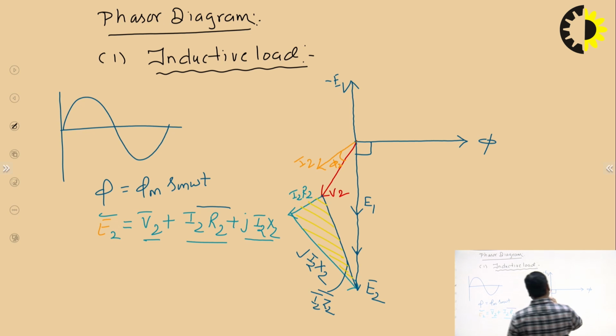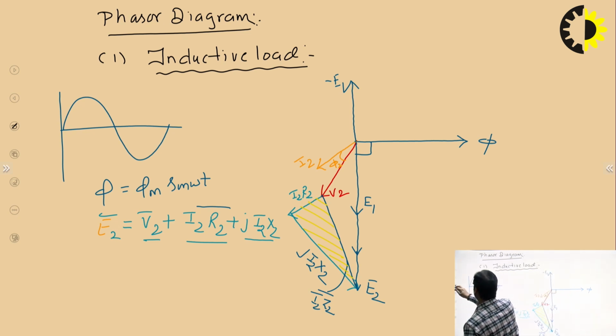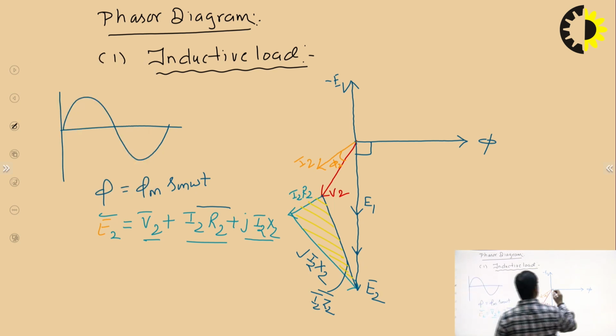So this is the minus E1. Now I2 dash, this is our I2 dash, the opposite current of this. We call it the load component of the primary current, which is in phase opposite to that of the I2.